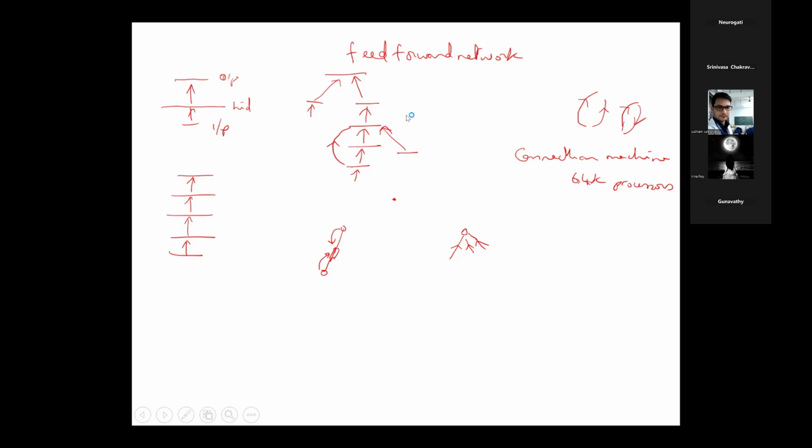The only thing about this network is that there are no loops anywhere. All connections go in only one direction. That means if you follow these arrows, you cannot start from a point and come back to the same point. It will never happen. Therefore, all these networks are called feed-forward neural networks. This backpropagation learning algorithm will apply to this entire class of feed-forward networks. So it's a very general network.